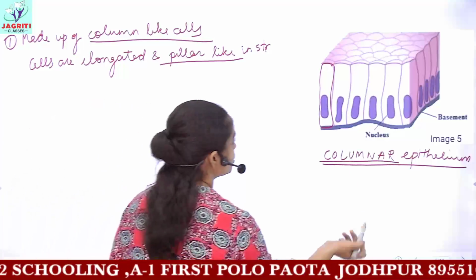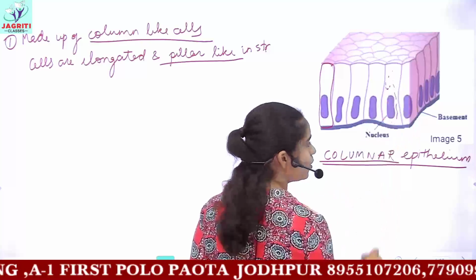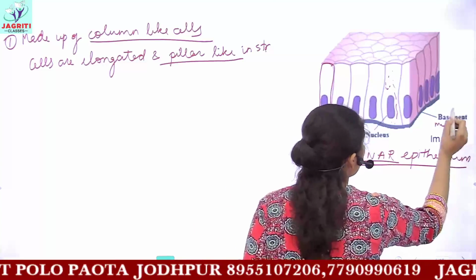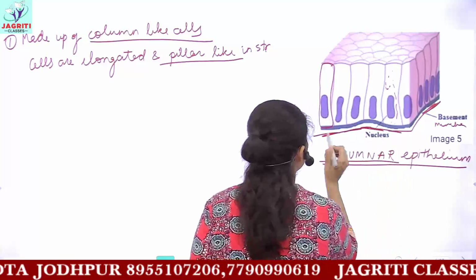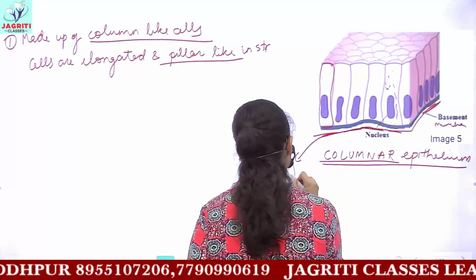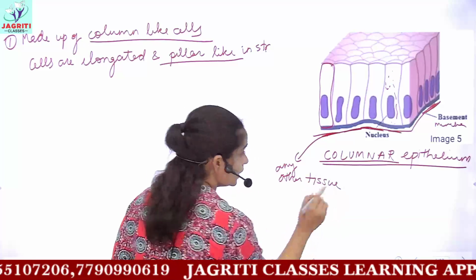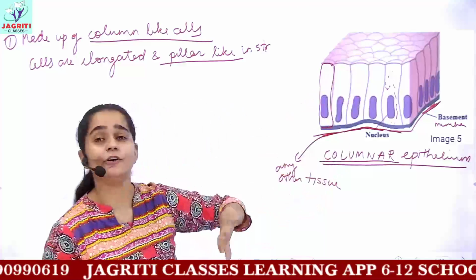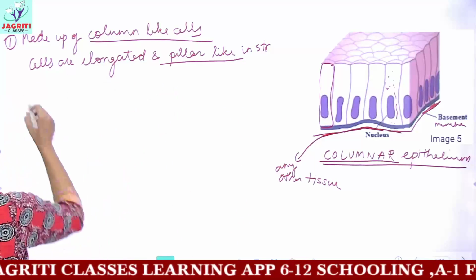Then as usual, you have a nucleus, you have cytoplasmic material around the nucleus, then you have your basement membrane, and below this basement membrane you will have any other kind of tissue. Again remember that the basement membrane separates epithelial and other kinds of tissues. So the cells are elongated, pillar-like.